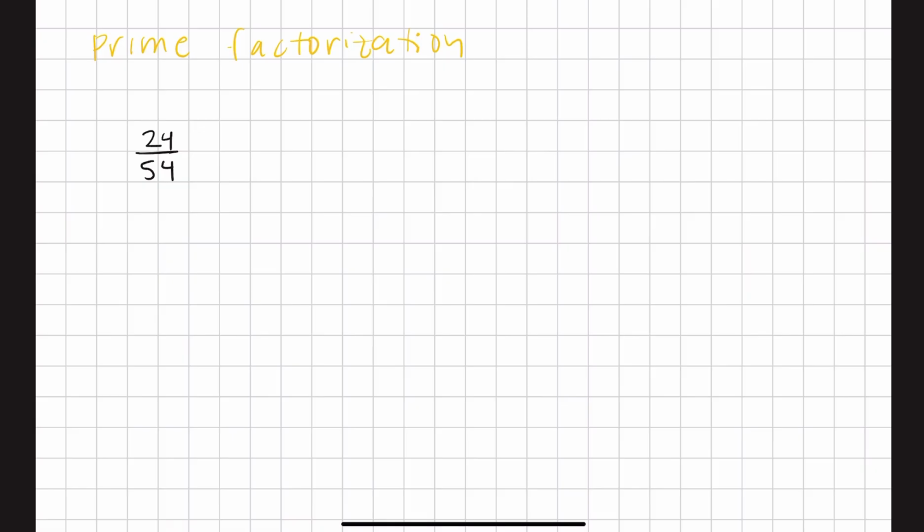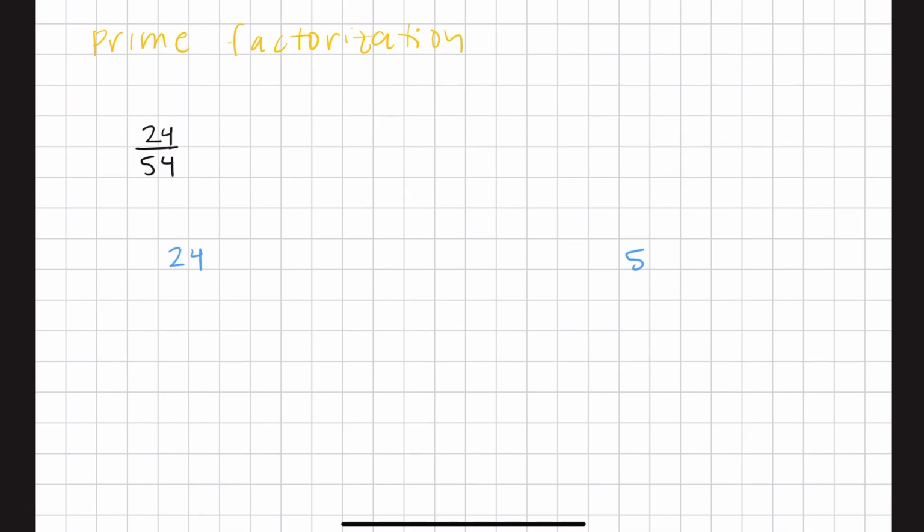If I wanted to simplify that fraction, I don't necessarily know what the greatest common factor between them is, or maybe I do. But what I can do is take both of these numbers and set them up with a little space between them because I'm going to do separate things with them. I'm going to do what's called a prime factorization tree, and I'm going to split this up into all of its prime factors.